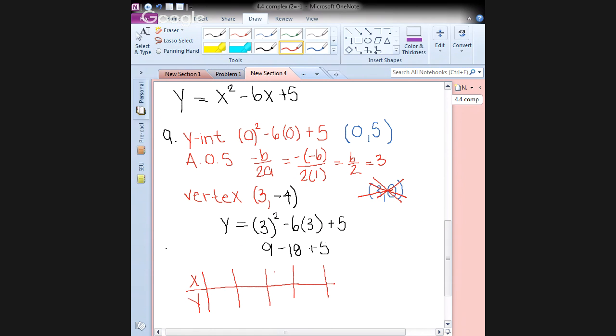As we know, the vertex is going to be the middle of our parabola, so I'll put it in the middle of our table. And then I'll pick some numbers below. So I'll say 2 and 1, and I'll pick some numbers above. And then all you would do is take those numbers and plug them into your formula to find the y values. Okay, so I'm going to go ahead and do that real quick.